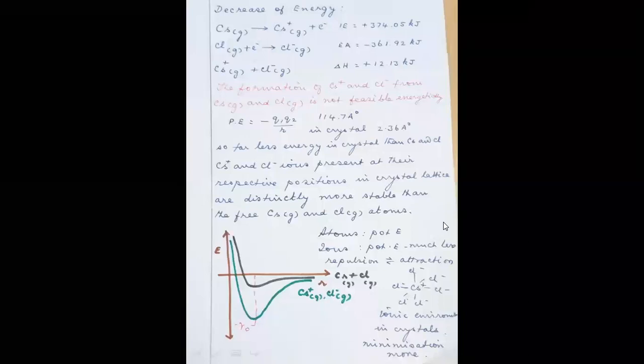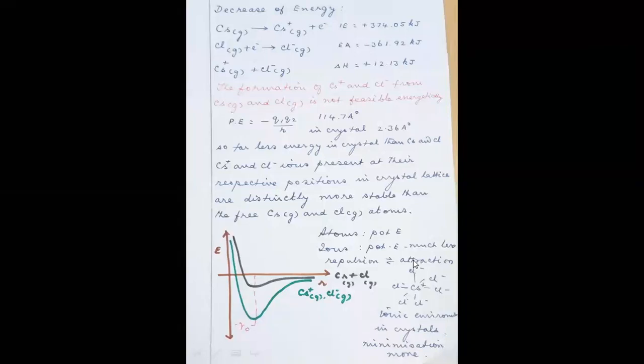So if you compare the atoms' potential energy and the ions' potential energy, the potential energy of the ions in the crystal lattice is much less than that of the atoms. Actually, what is happening is, when you are bringing two atoms together, the two atoms are far away from each other.